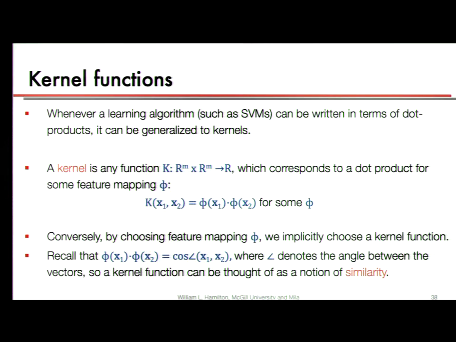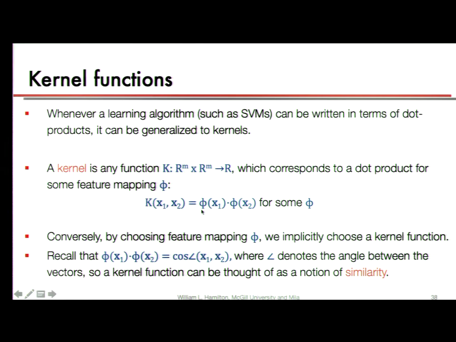So one way to think about this kernel is kind of like a similarity function, but it's a similarity function that is specific to some feature space. So if we didn't have any feature transformations, our kernel would just be the dot product between x1 and x2.